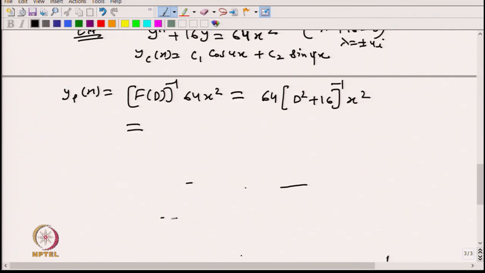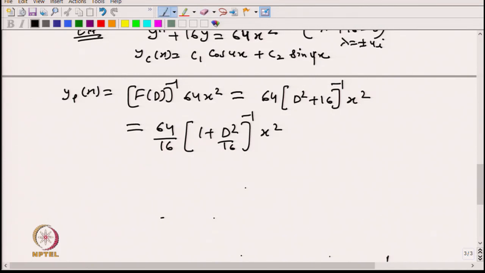So, this again can be written as 64, and I can take the 16 common, so it becomes 16 here, and inside I can write D square over 16 plus 1 inverse x square.